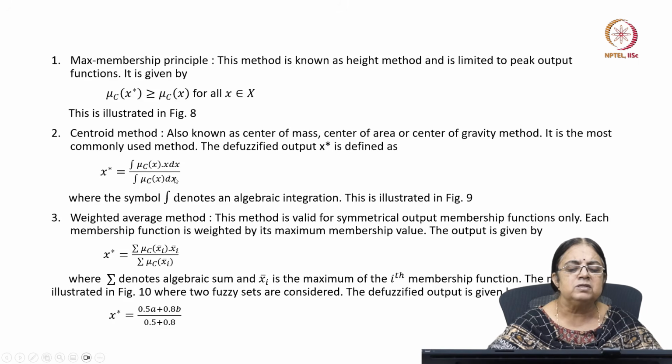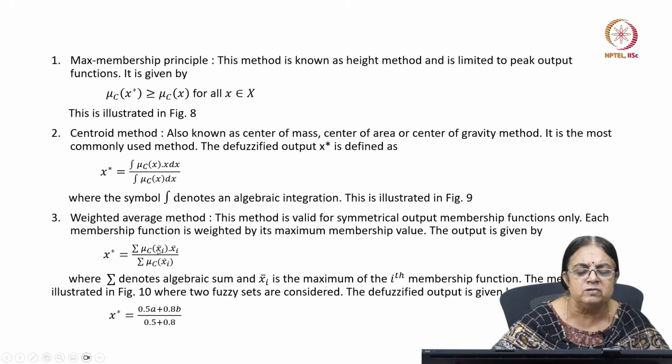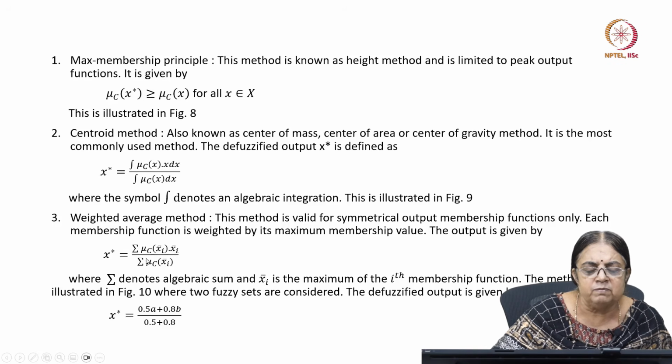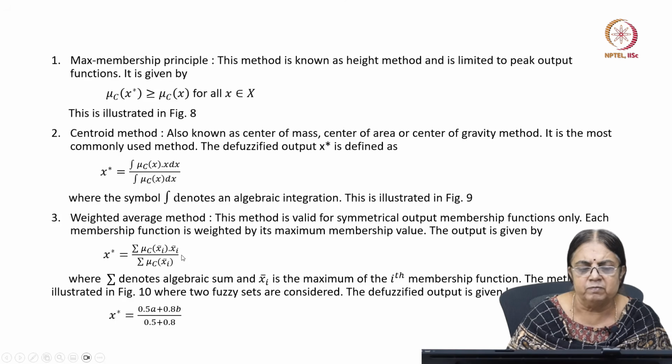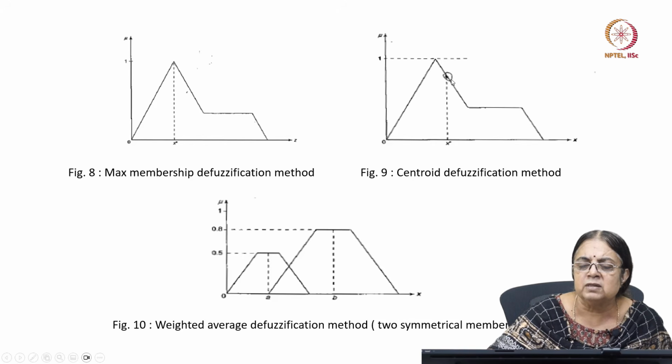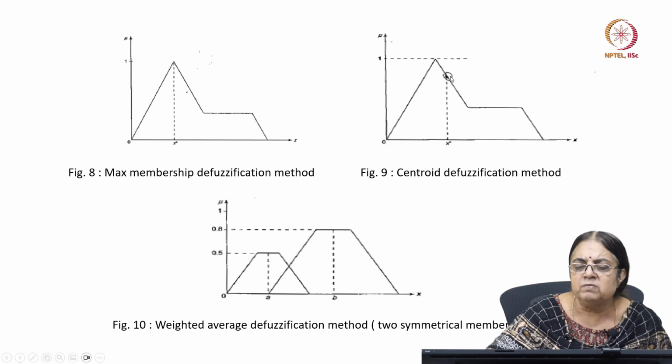This is done in a continuous manner, whereas this is a discrete manner, right? So you take every single xi value, multiply it by its membership and divide it by the aggregate of all the membership values. If we take this, the second method would give something like this as a centroid. It's something like finding the centroid of this curve that you have.